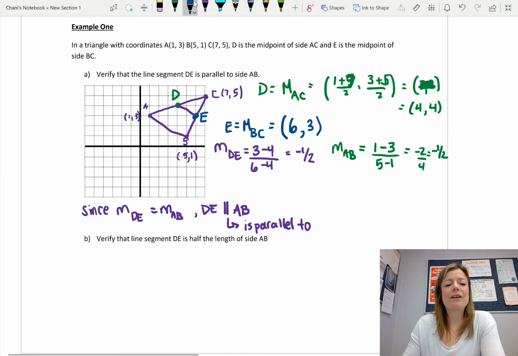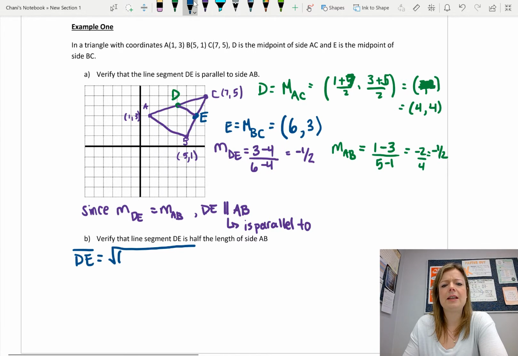Okay, now we want to verify that the line segment DE is half the length of side AB. So we need to find the length of DE, the length of AB, and show that one is half of the other. So first we will find the length of DE. So that is our distance formula. So again, remember that's Pythagorean theorem.